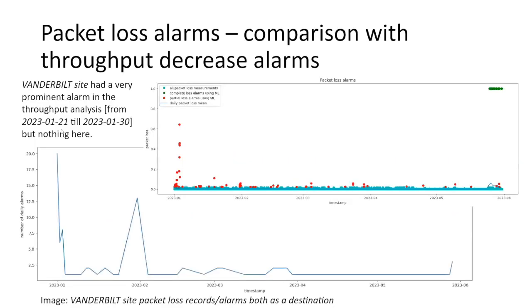But if you see, for example, the Vanderbilt site, we had a clearly visible decrease in throughput, but for packet loss, there's only a little increase in alarms on one day at the end of January.